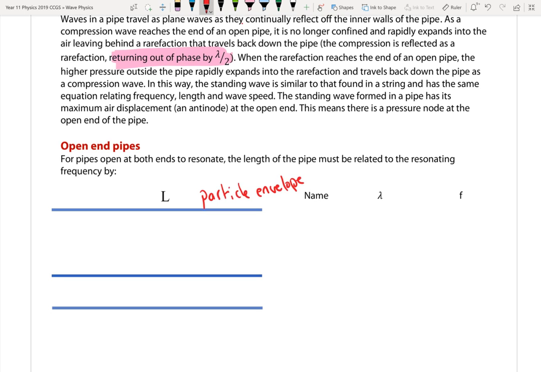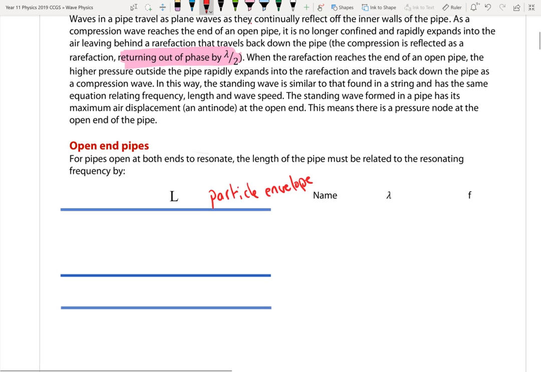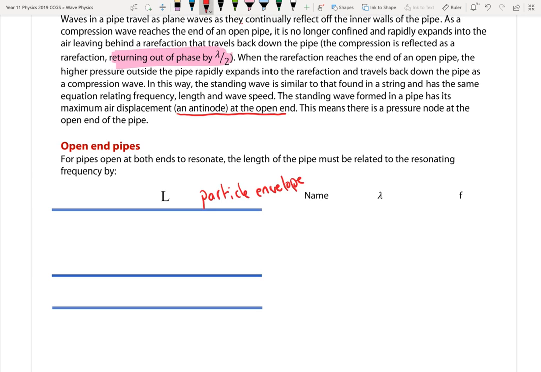Alright? Now, all you need to remember is that there is always a particle antinode at the open end. So every single tube, you're going to draw antinodes at each end.